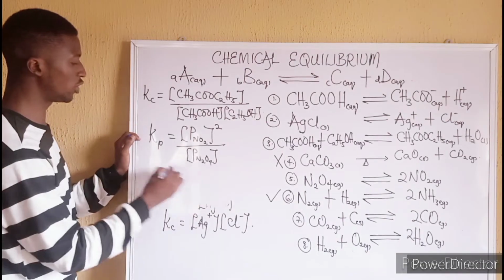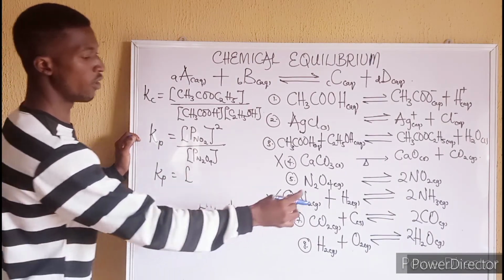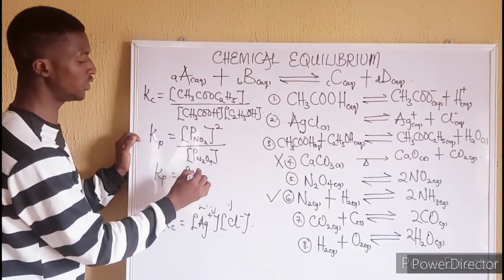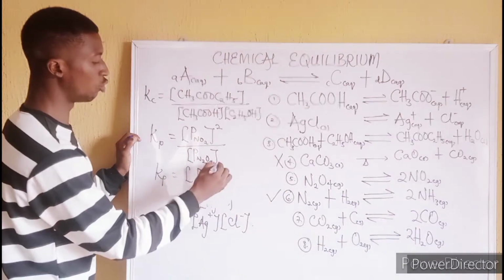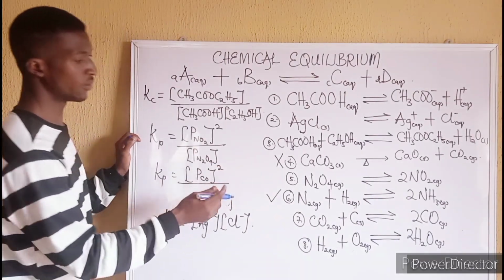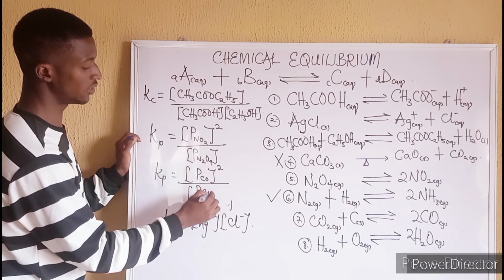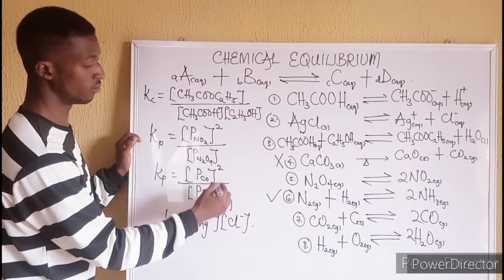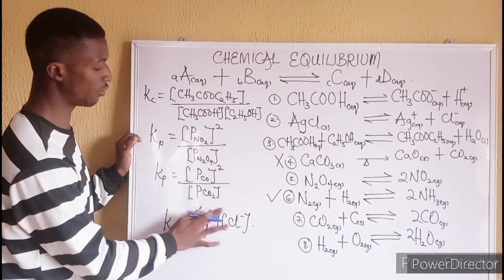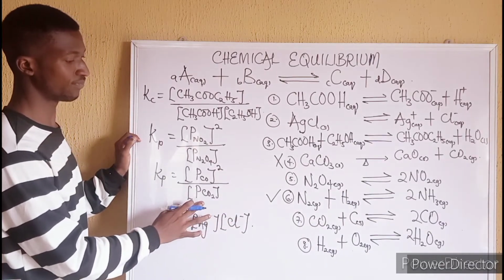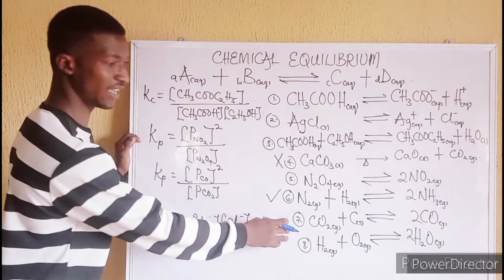So here for equation 7, the equilibrium constant will be the partial pressure of the product, which is CO, having the power of its mole to be 2, over that of the reactant, which is the partial pressure of CO2, having the mole also to be 1. So it is invisible 1, and therefore we are not writing it. So this is the equilibrium constant of equation 7.